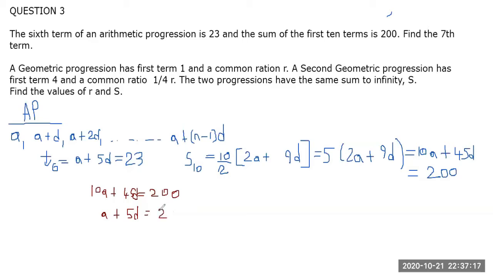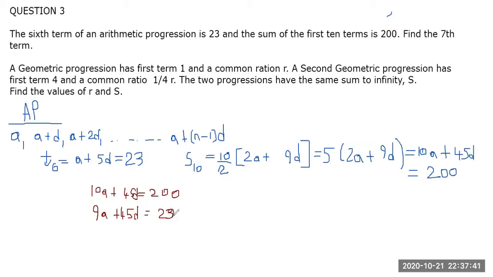But what if I were to multiply the second equation by 9? If I were to multiply this equation by 9, I would get 9a plus 45d, and then 23 times 9, and 23 times 9 is 207.